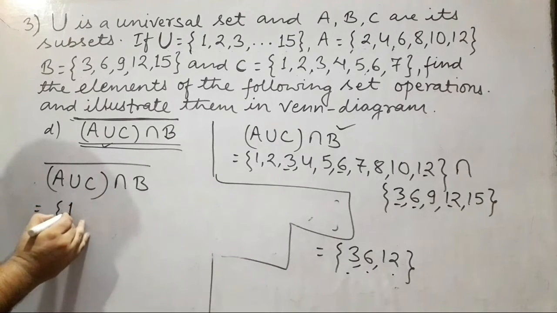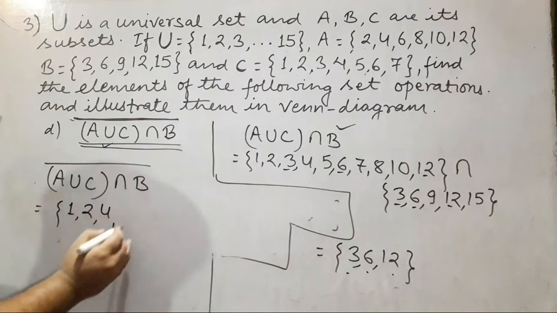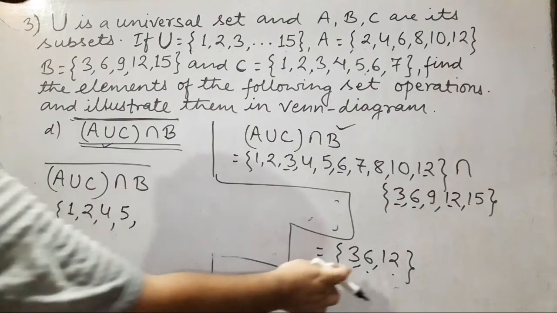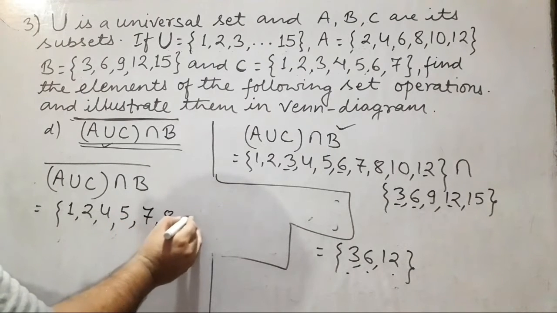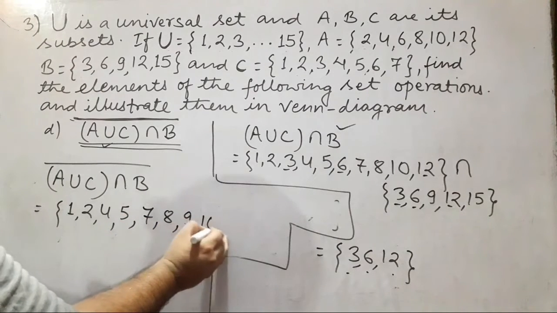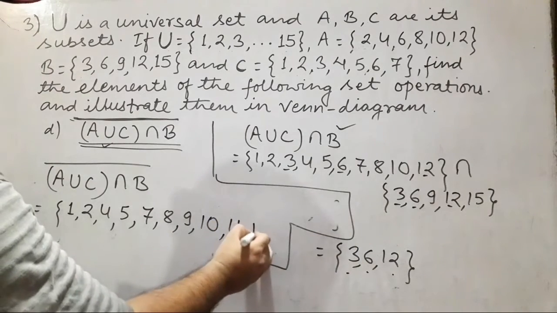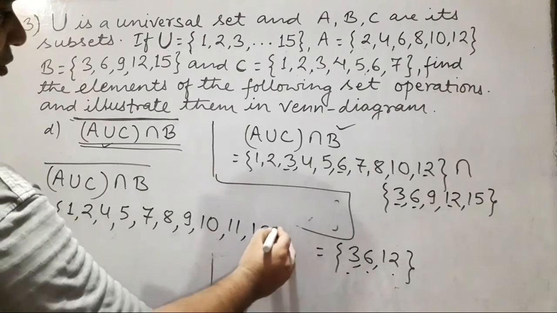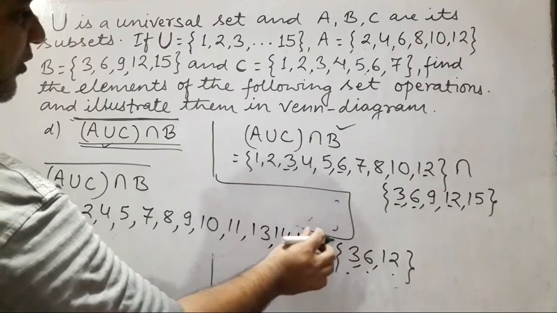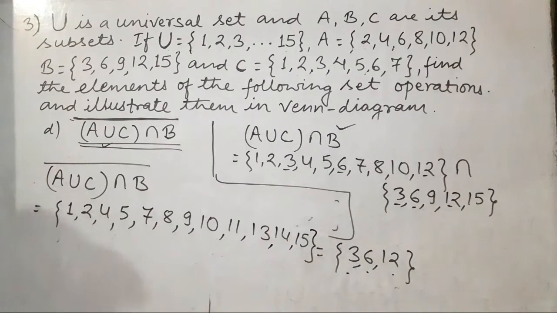We shall take 1, 2, 3 we cannot take, 4, 5, 6 we cannot take, 7, 8, 9, 10, 11, 12 we cannot take, 13, 14 and 15. So this is (A union C) intersection B complement.